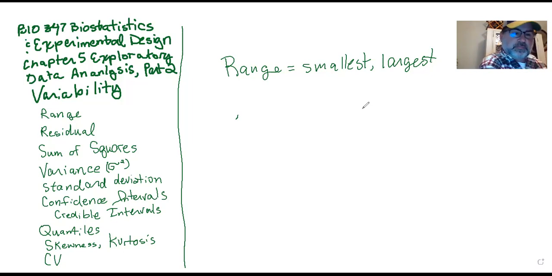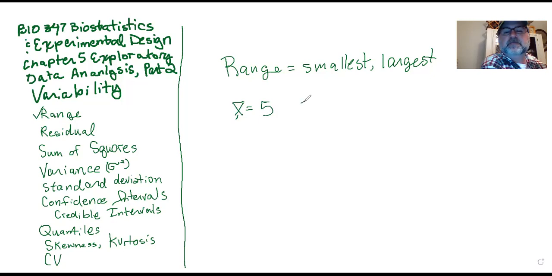All right, so a residual, okay, is an observation relative to typically what is considered a mean. So if you have a series of numbers, let's say our mean is 5.